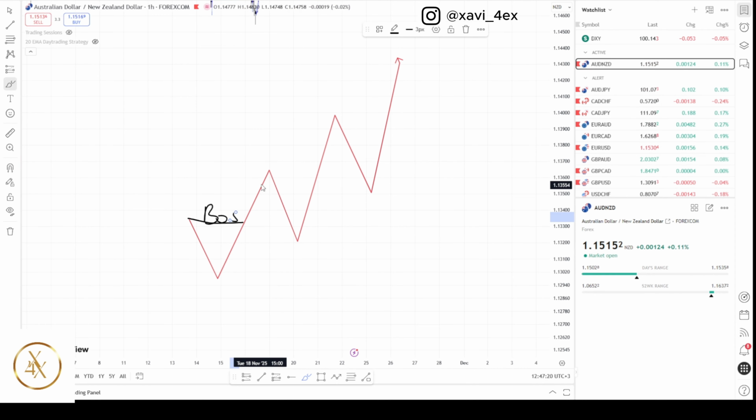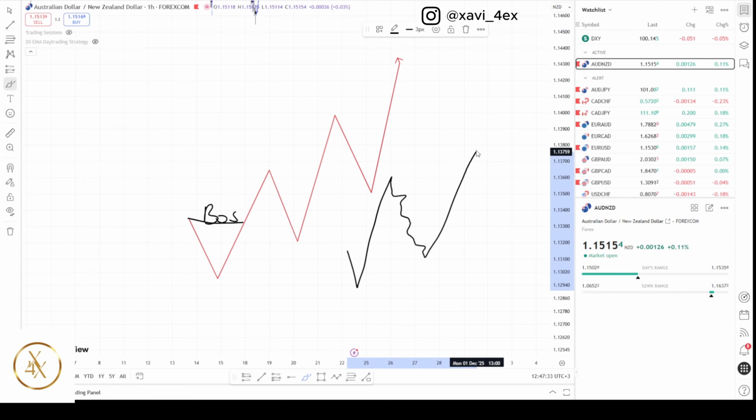So if the market is coming from up like this, I need to find reasons for me to get an entry that makes me push the market up with a protected low. As simple as that.